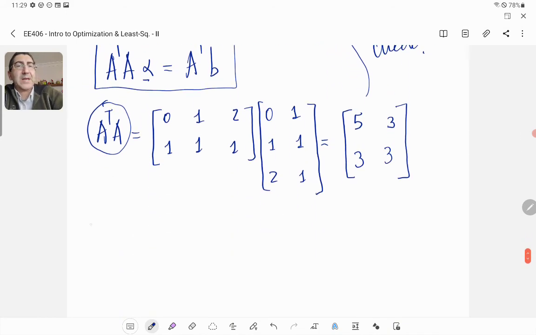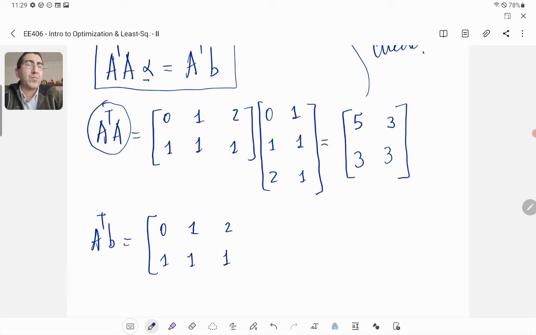Okay, let's take a look at the A transpose B matrix. Again, 0, 1, 1, 1, 2, 1 times the B, which is 6, 0, 0 from our data points.